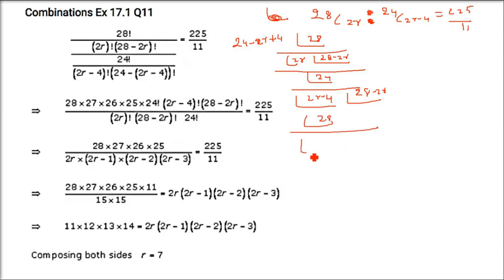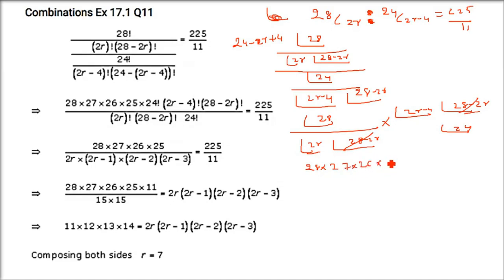28 minus 2r, you just take it above. Factorial 28 by factorial 2r and factorial 28 minus 2r. Then you take this above: factorial 2r minus 4 and factorial 28 minus 2r by factorial 24. This gets cancelled. Factorial 28 can be written as 28, 27, 26, 25 and then factorial 24.